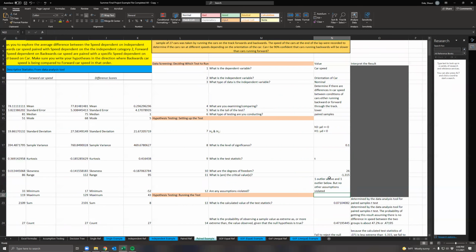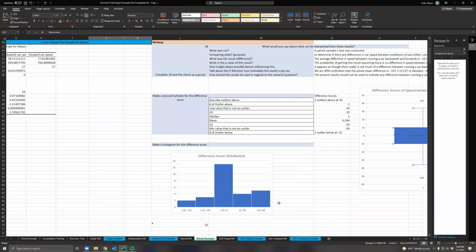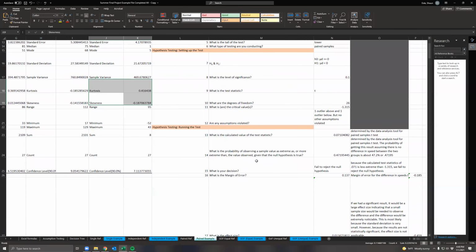The nice thing about one outlier above and one outlier below is you look at the skewness and kurtosis here, and there's virtually nothing wrong with this data. It is very normally distributed. I could probably play around with this chart a little bit more, but the distribution is actually a really good distribution.